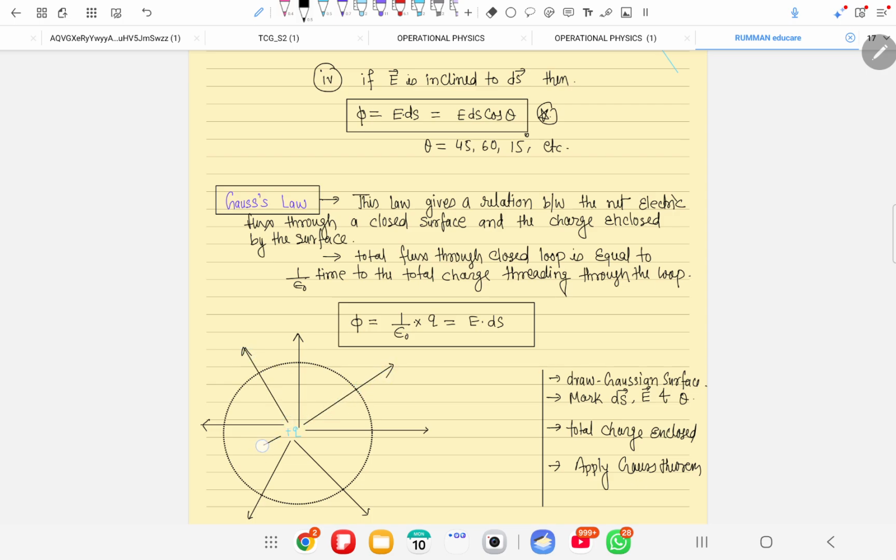This is the electric field line, and this one is the Gaussian surface.